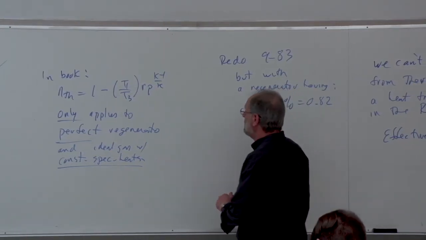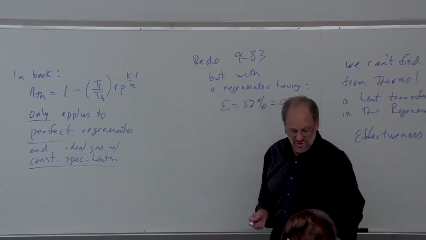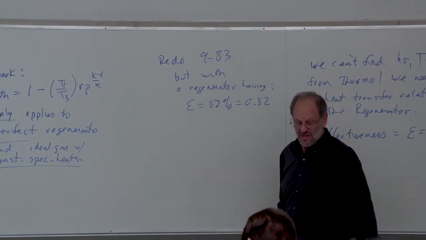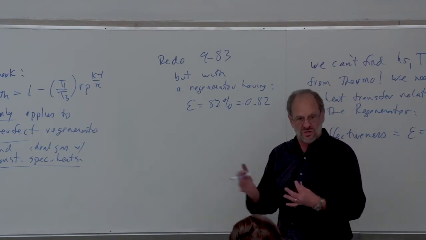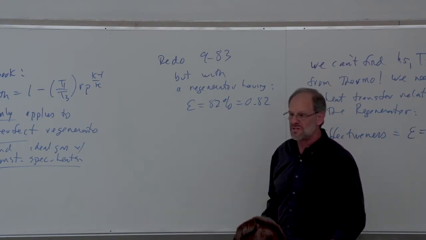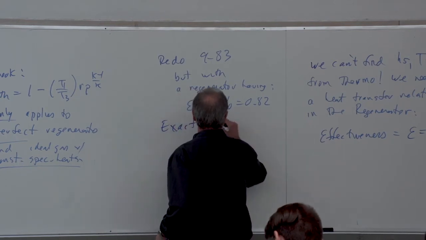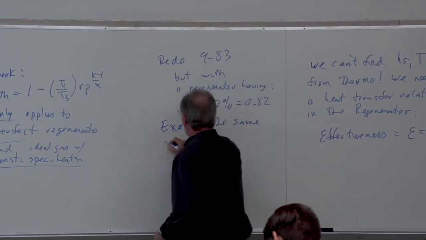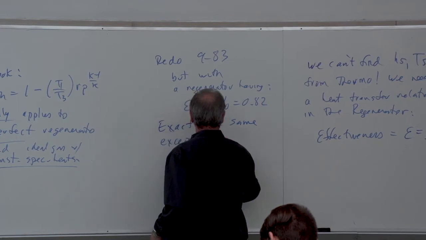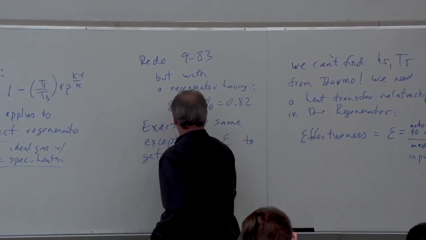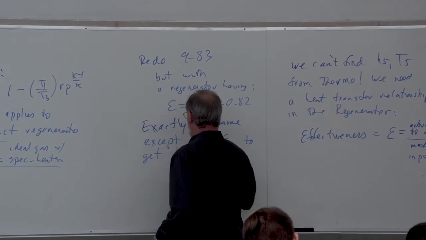The only thing that's really different here is using the regenerator effectiveness to get H5 and then using that to modify our heat input term so we can get the proper value of thermodynamic efficiency. So exactly the same, except use effectiveness in order to get H5.